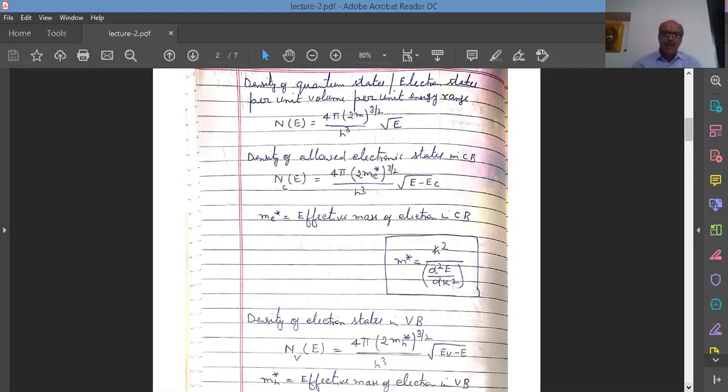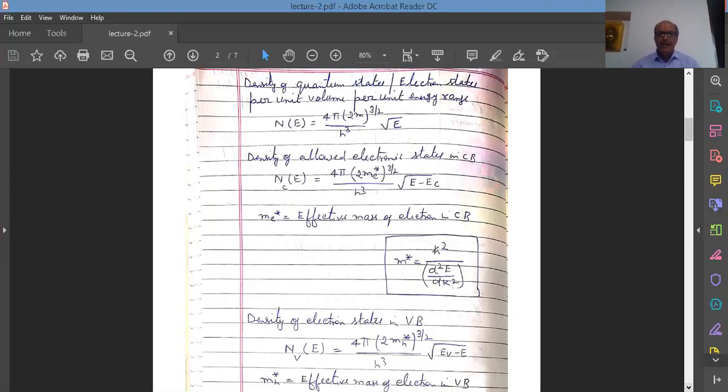You have seen that in the conduction band and the valency band, we have to accommodate a large number of electrons, and therefore there are several energy states which are available. How are they distributed?